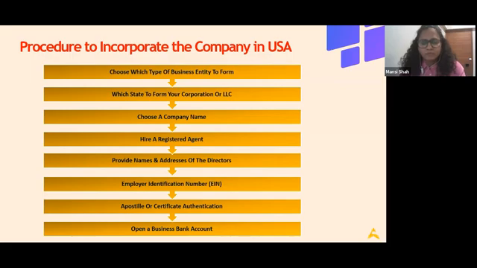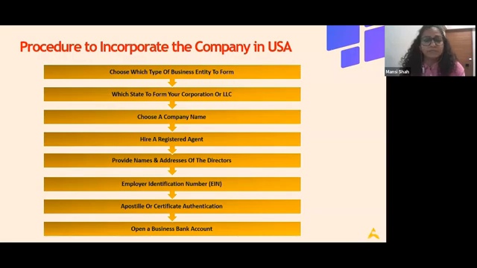So why do we need to hire a registered agent? Yes, it is mandatory. The reason is that when you are incorporating a company in the US as a non-citizen or non-US person, the department needs someone, or an address, which cannot be a PO box address.